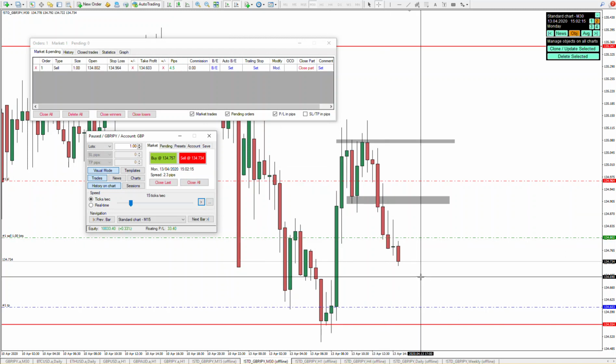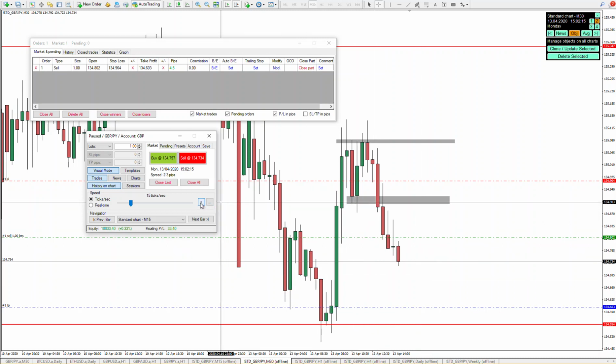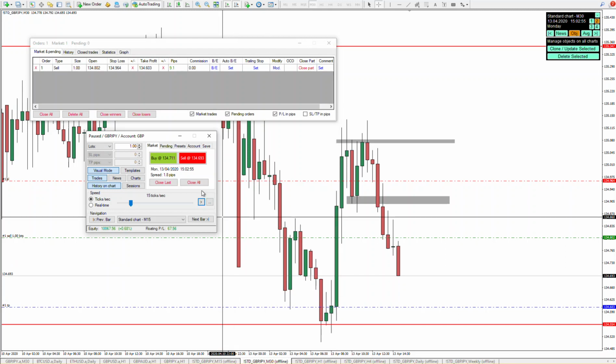4.5 pips in profit. Let's see if we can get like 10 pips or so. 8.5 pips.